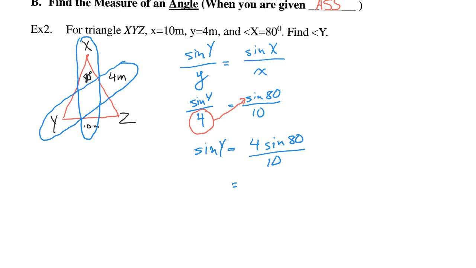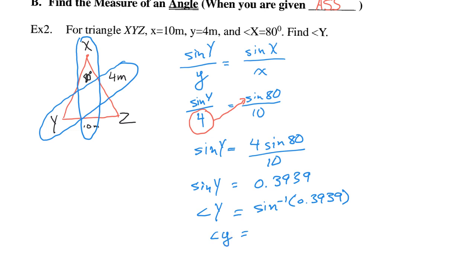So you get 0.3939 is sine of Y. Now, in order to figure out what Y is, angle Y is now equal to sine inverse of 0.3939, and you end up with angle Y equal to about 23.2 degrees.